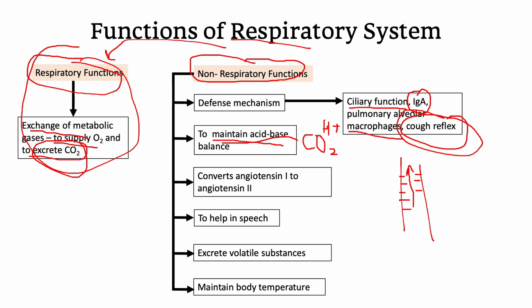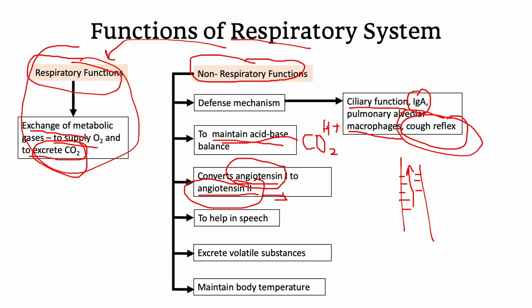Okay, next would be, I think all of you remember about angiotensin 1, angiotensin 2. You have learned this in your BP regulation. In long-term BP regulation, meaning in the renin-angiotensin-aldosterone system, angiotensin 1 needs to be converted into angiotensin 2 because angiotensin 2 is a potent vasoconstrictor and will also stimulate the aldosterone secretion.